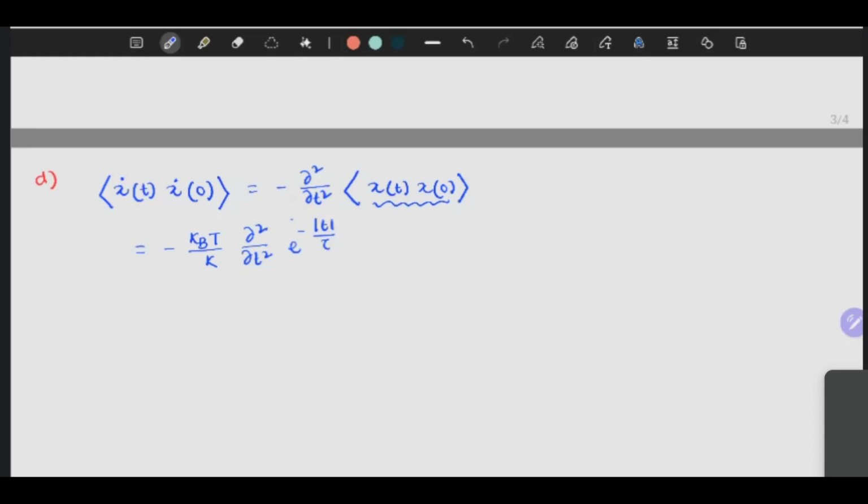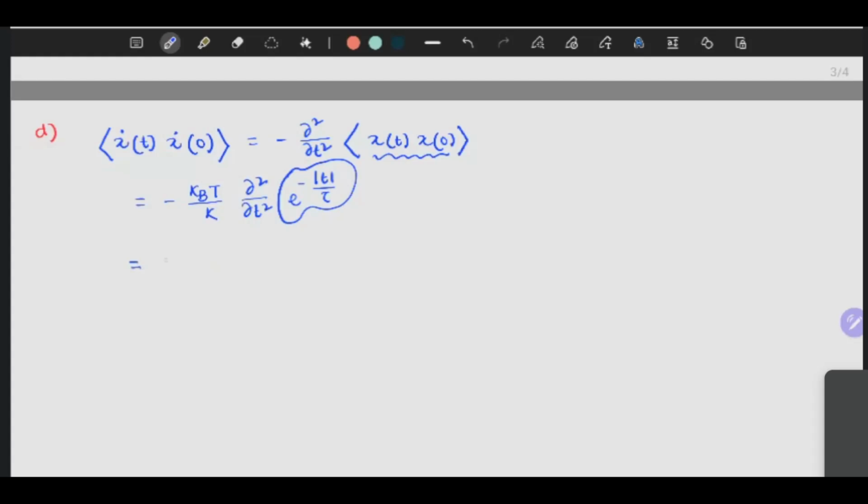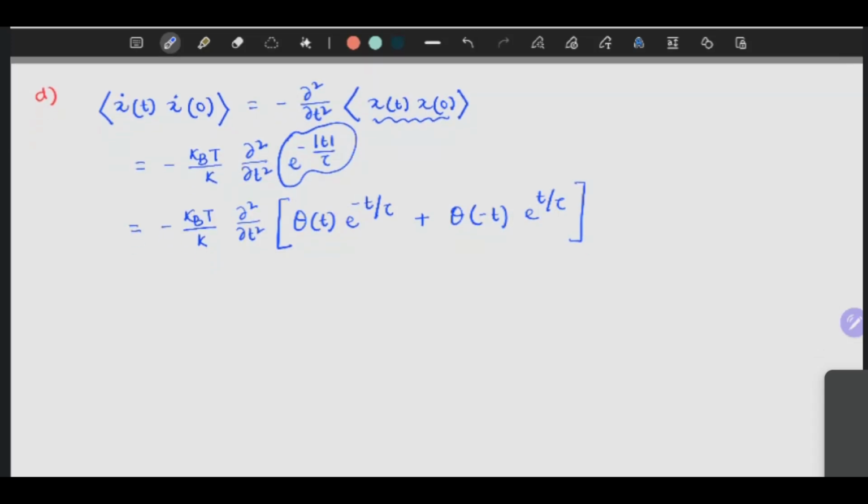Now this e to the power minus mod of t can be written as minus kbT by k del 2 del t2 using theta function: theta of t e to the power minus t by tau plus theta of minus t into e to the power t by tau. Okay, so we can sort of define these two regimes.